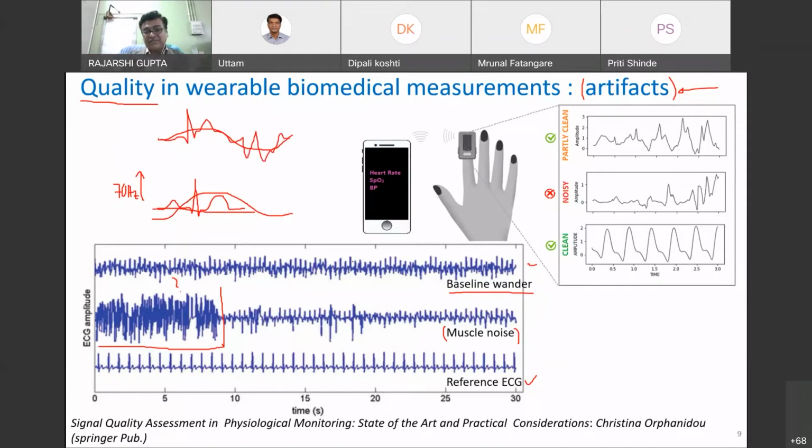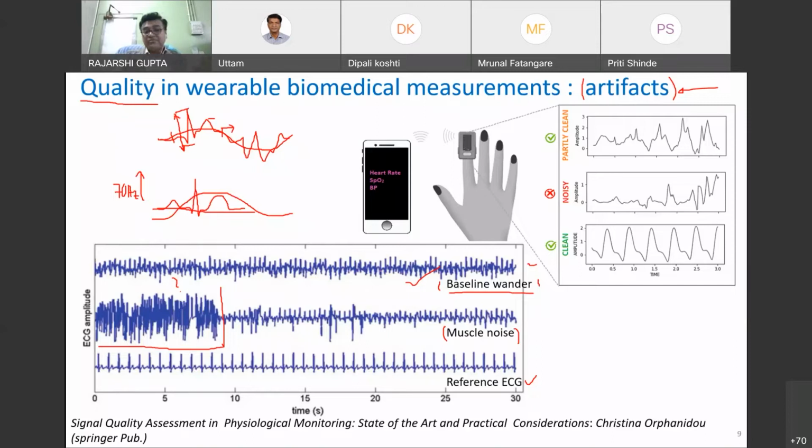What is the problem with baseline wander? When a cardiologist inspects an ECG, he or she frequently measures many wave features, like QRS amplitude, as I am showing, T wave amplitude, and certain intervals like the QT interval. In time axis measurements like the QT interval and ST segment, if baseline wander is there, it becomes very difficult to get the amplitude measures.